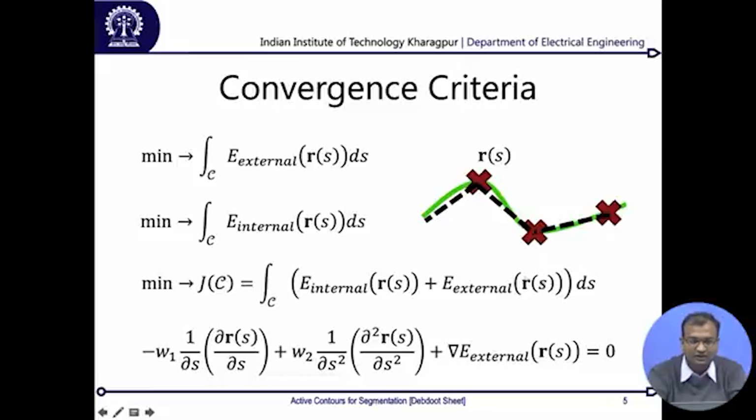Now if you equate this minimization criteria, wherever you have a minimization, you basically have the derivative equal to 0.